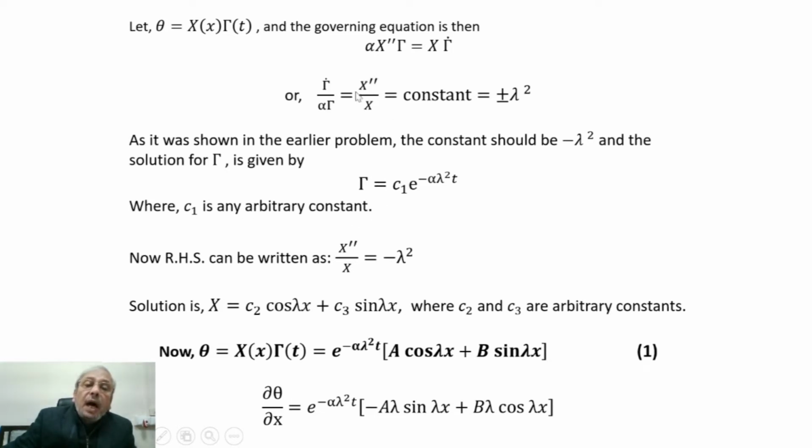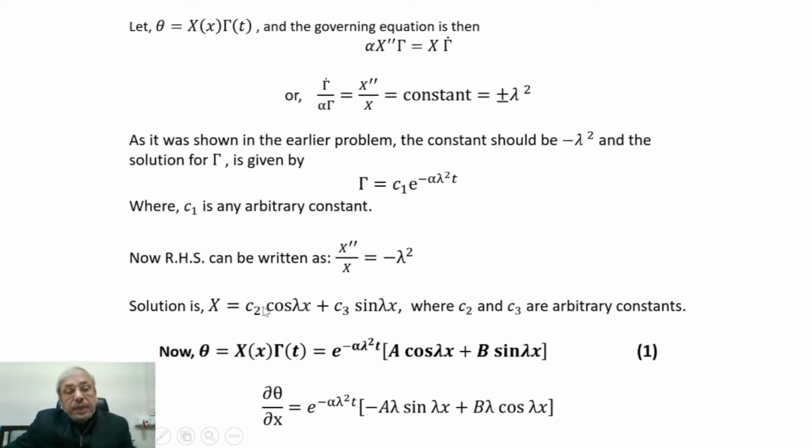Then the other part, X'' by X equals minus lambda squared, is the other part of the solution, and from there we can get the x dependent part, which is the spatial part of the function that will finally contribute to the solution of temperature.